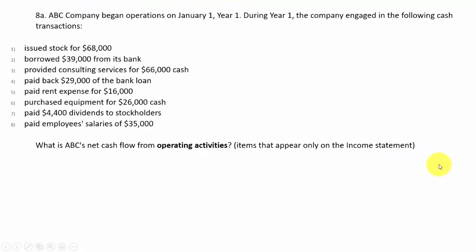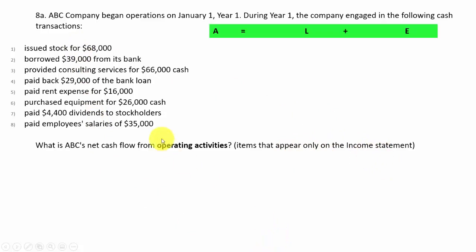Okay, this question wants to know what would be the net cash flow from operating activities. Remember, that's the things that are going to be only appearing on the income statement, right? Revenues and expenses. So we go through this list here, and we go through the accounting equation, and we'll go through these transactions this time, and then we'll pick out the things that would only appear on an income statement.